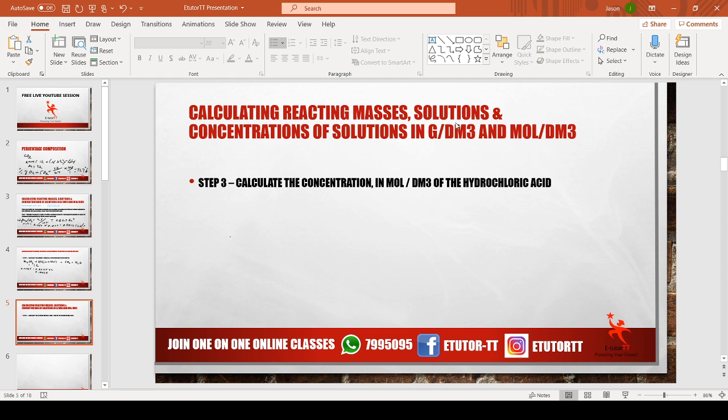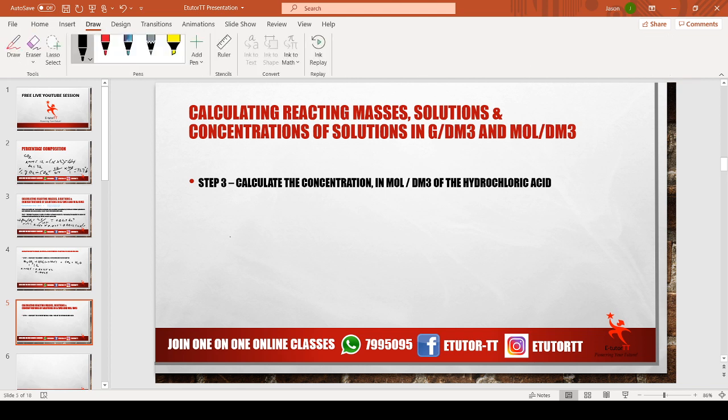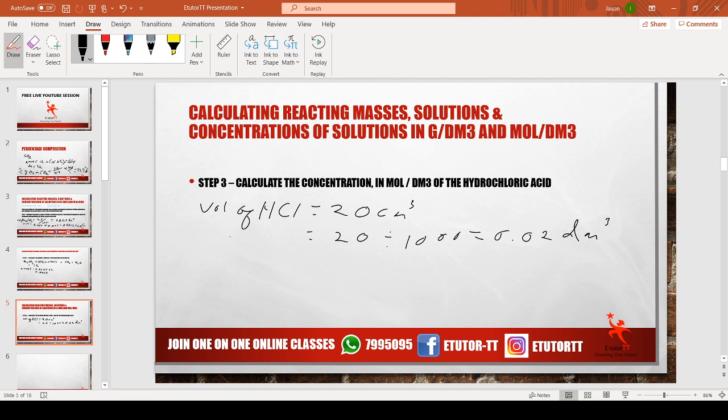So we have 20 cm³. To get dm³, we divide by 1,000. So 20 divided by 1,000 gives us 0.02 dm³, right?